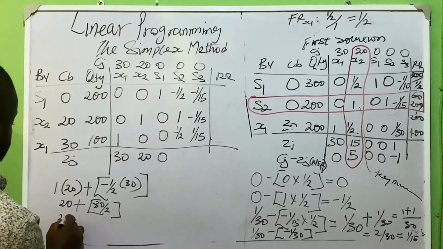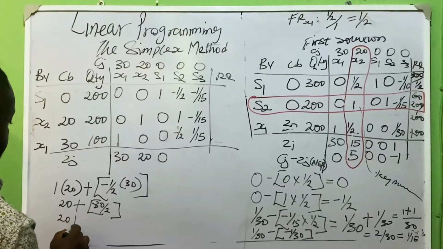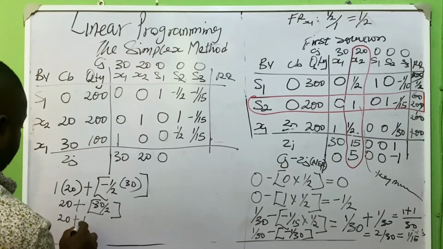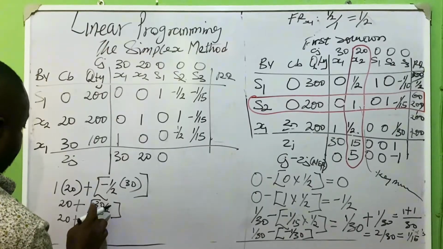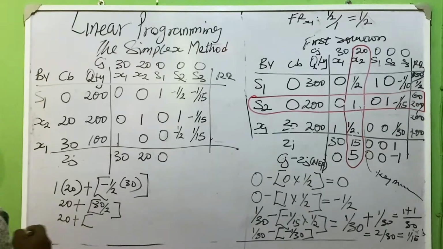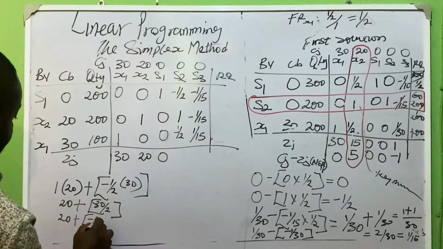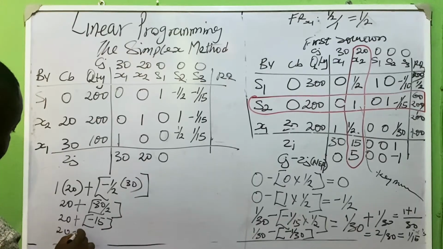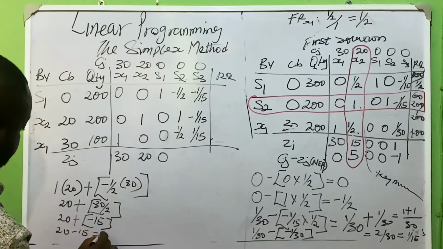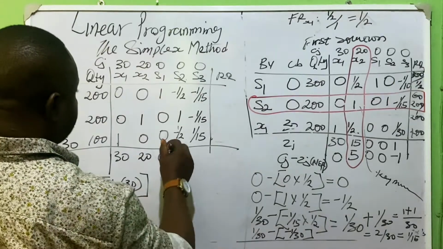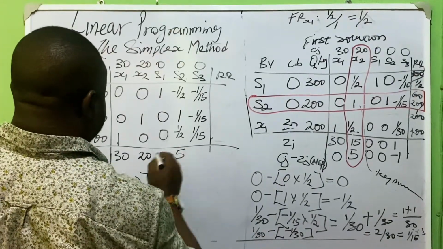So we have 20 plus minus 15, so we have 20 minus 15. It gives us a 5. So we're going to have 5 here.